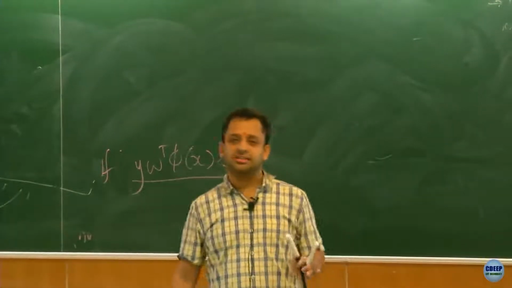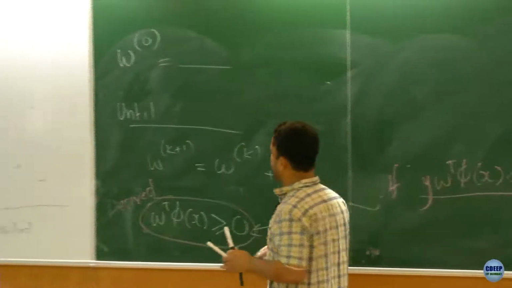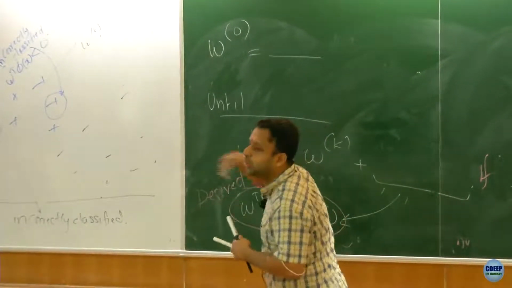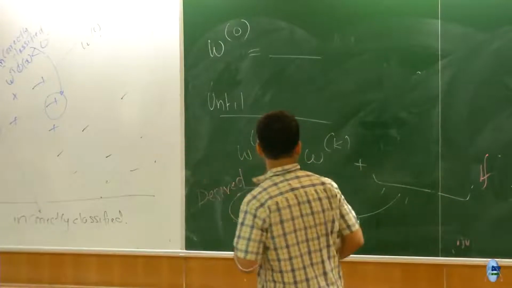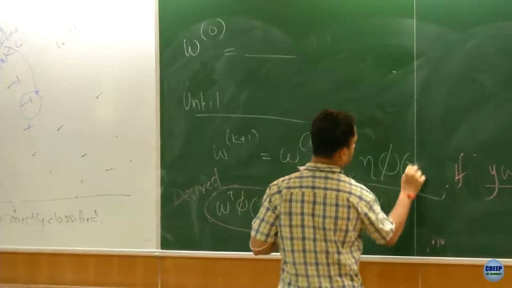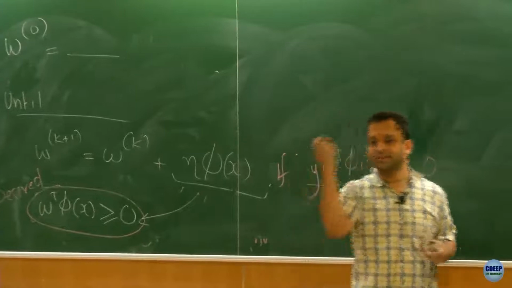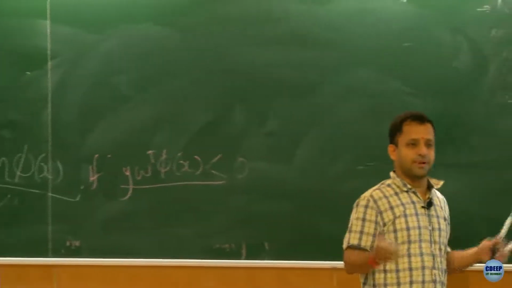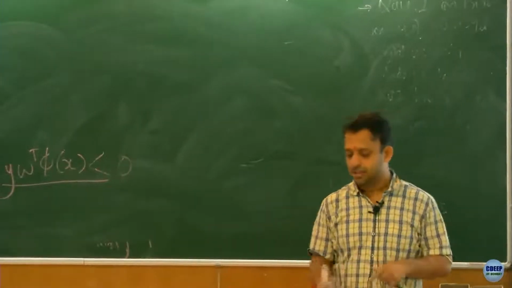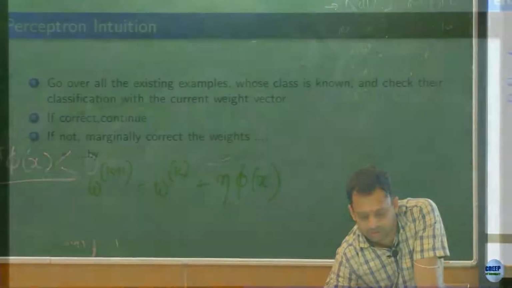A simple strategy that really works in practice, as well as being very easy to show that it tends to better classify the immediately unclassified point, is to simply add eta times phi x. Eta is a step size, all of you are familiar with step sizes by now. But just add phi x when the point is misclassified. Okay. That is a simple strategy we are talking about.